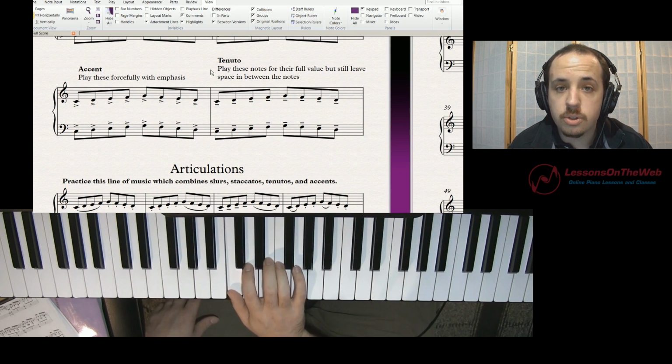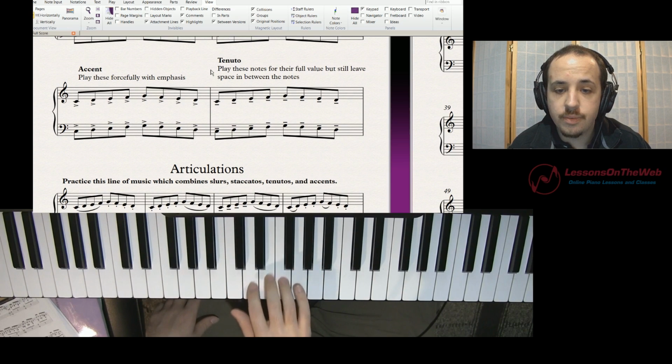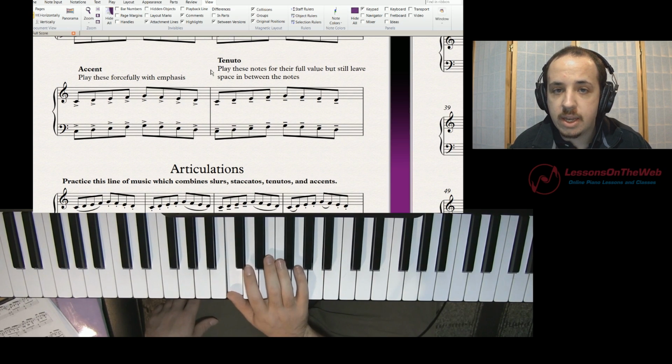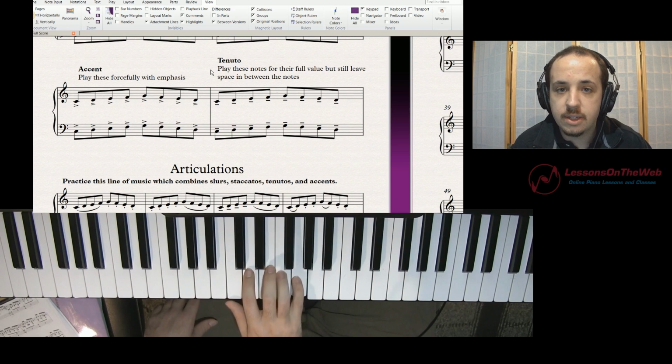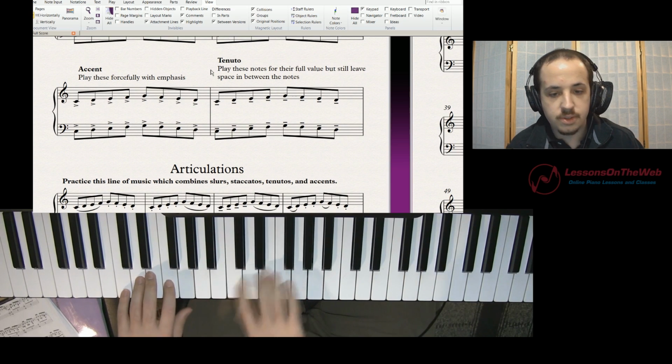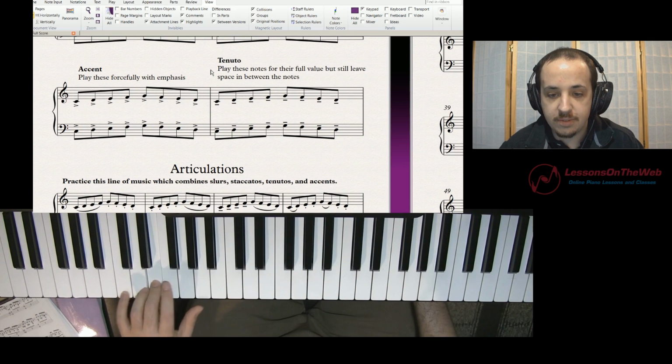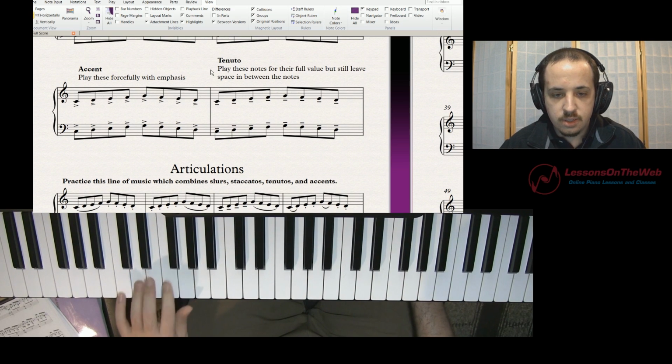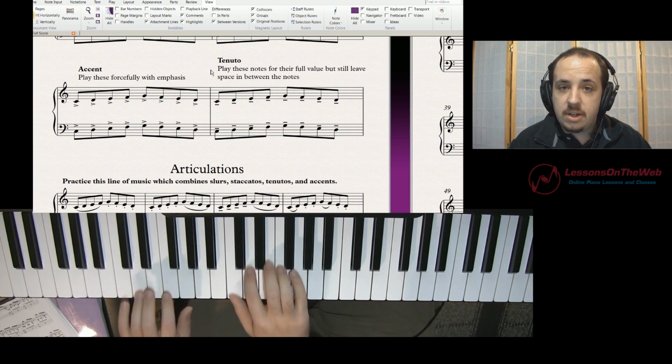Notice how I'm playing the notes longer than I did with the staccato, but I'm not playing them necessarily connected like I do with the slur. There's a little bit of a space. You can hear that silence in between each of those notes. Same thing with the left hand. Then you put them together.